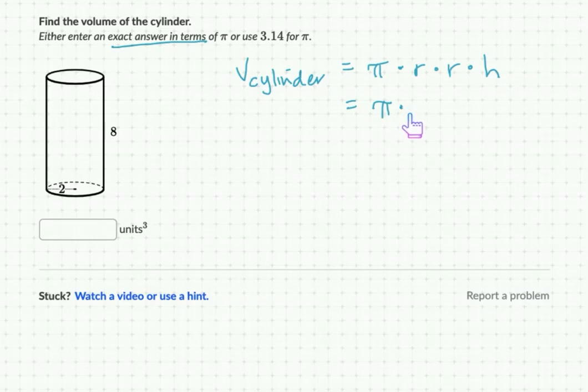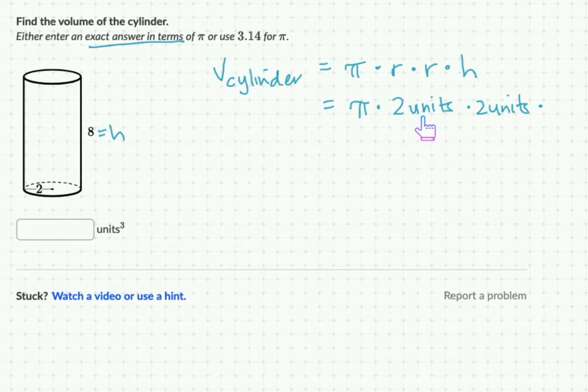Pi times our radius is 2, that's from the center to the edge. If they were to give you this entire thing was 2, then the radius would be half of that, which is 1. But they gave you the half, so that's 2. 2 units times another 2 units, the exact same thing, times the height. The height is 8 for the entire cylinder.